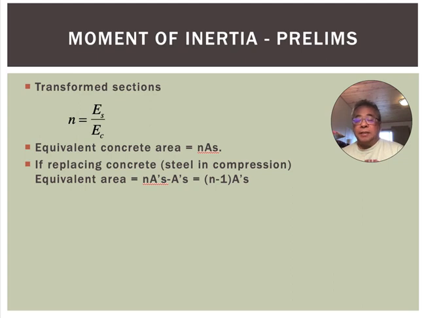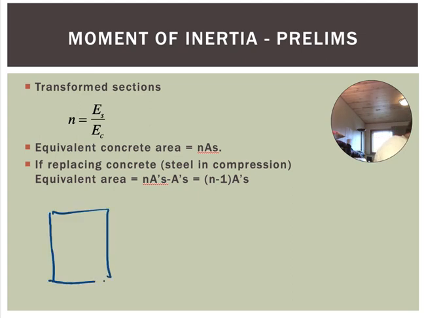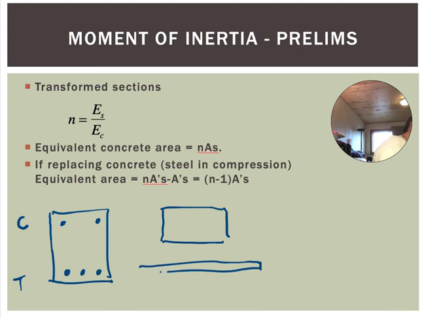Now, here's a kind of a weird thing. So if you're replacing concrete in compression, okay, the tension steel is just N times AS.